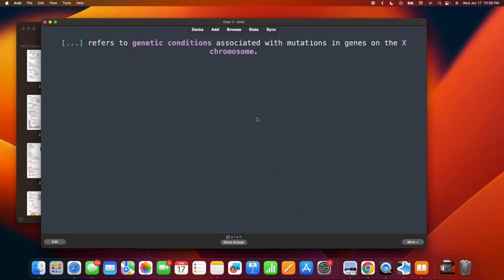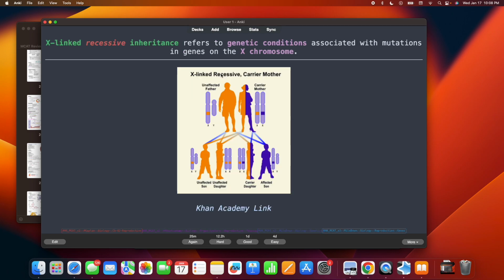What refers to genetic conditions associated with mutations in genes on the X chromosome? That is X-linked. Recessive inheritance on the X chromosome is X-linked recessive. Carrier mother: so we have an unaffected father and a carrier mother.